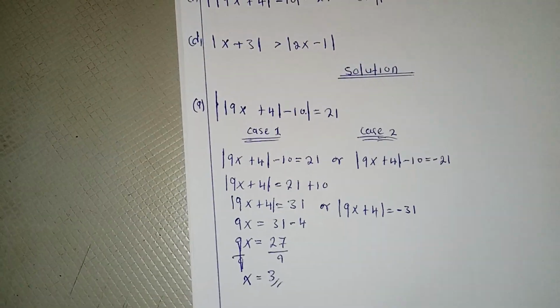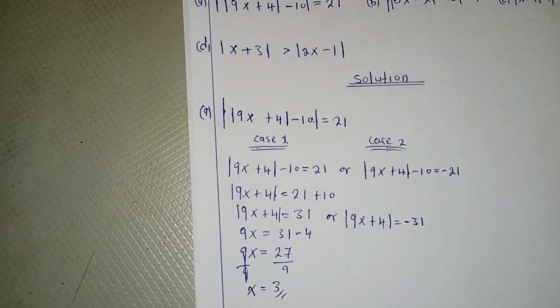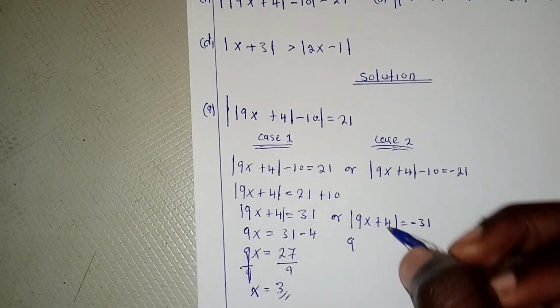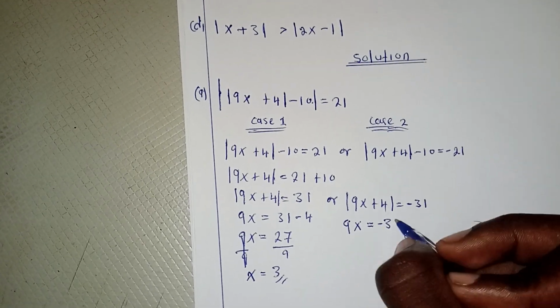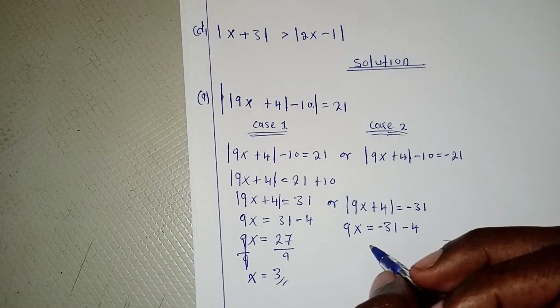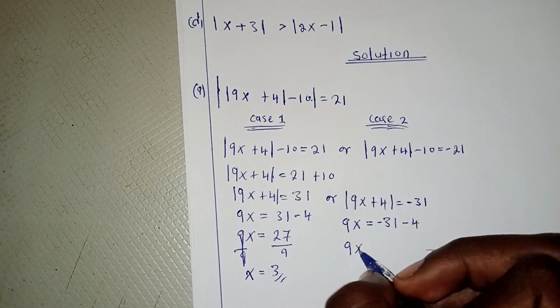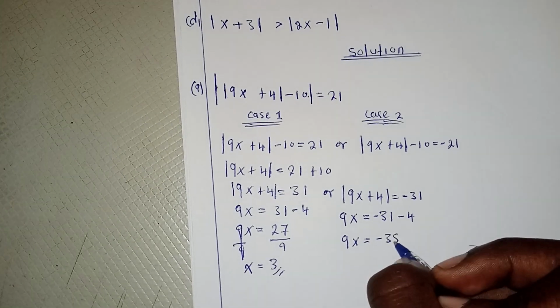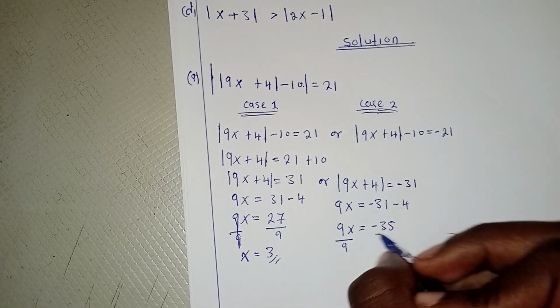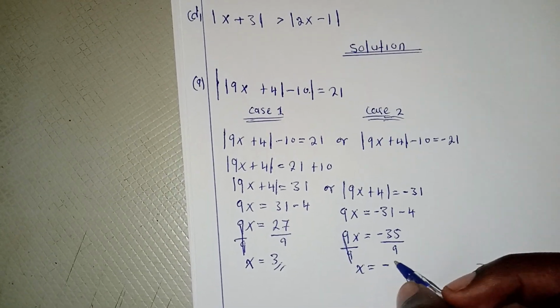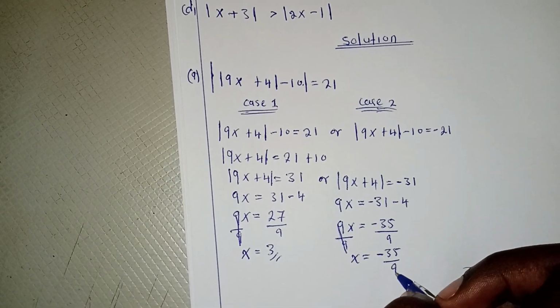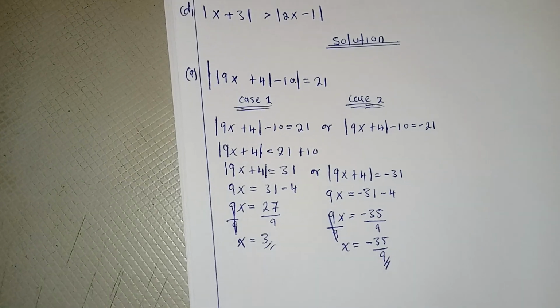How about if you try it that way? How does it come out? Then this is going to be 9x equal to negative 31 minus 4. So this is going to be 9x equal to negative 35, over 9 over 9. And our x is going to equal negative 35 over 9. You see?